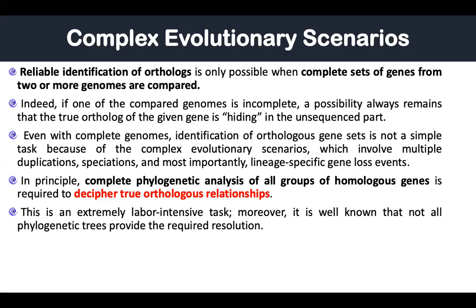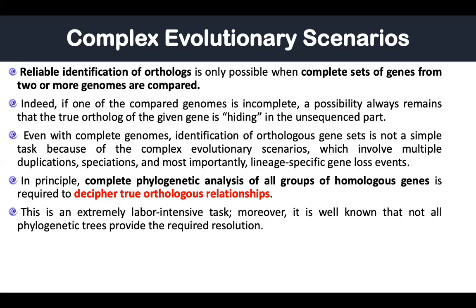So for instance, if a gene has been lost, it is difficult to realize this unless you have done genome sequencing of a lot of closely related species or closely related genus to arrive at a conclusion that, okay, the gene was there before, but it has been lost, right? In principle, complete phylogenetic analysis of all groups of homologous genes is required to decipher true orthologous relationships.